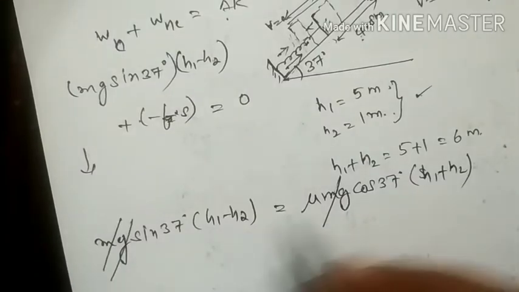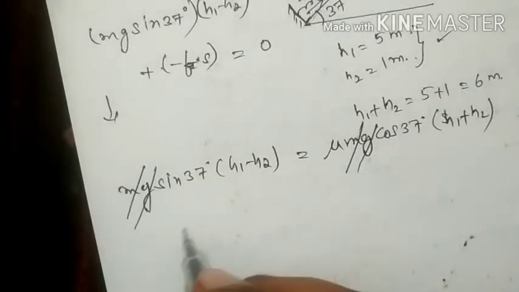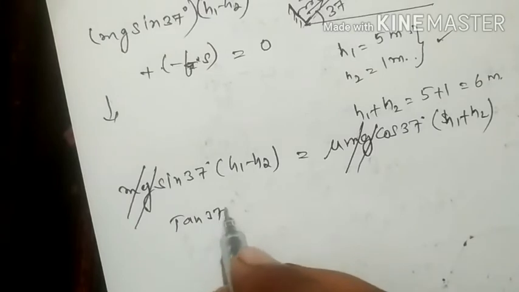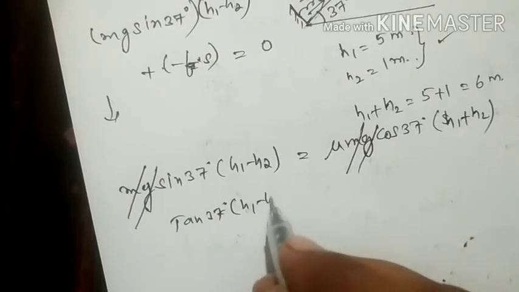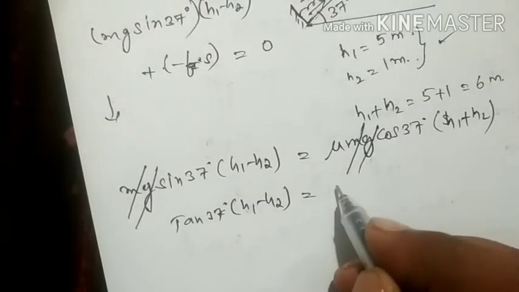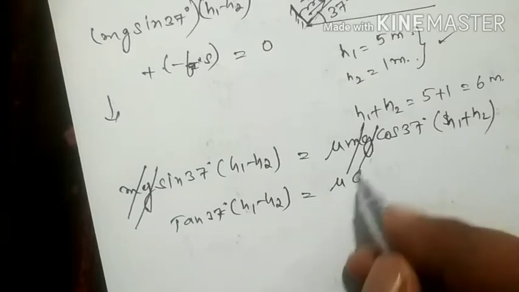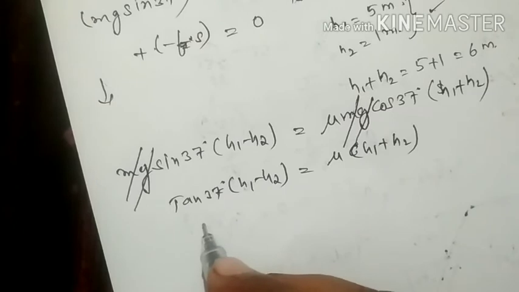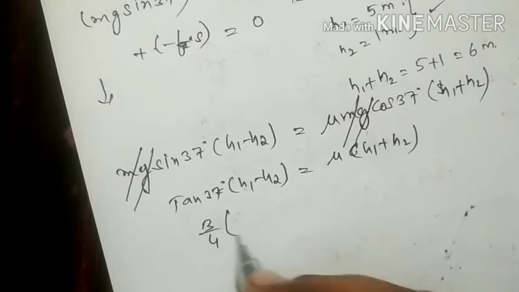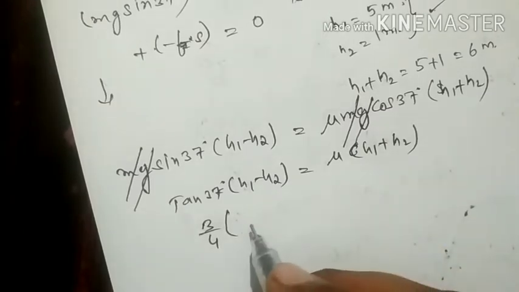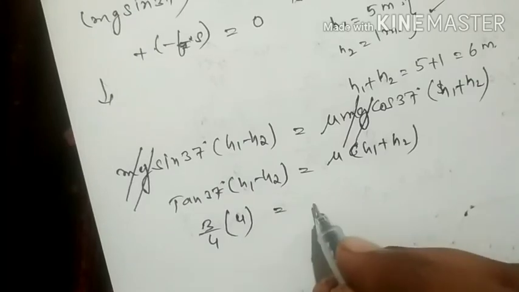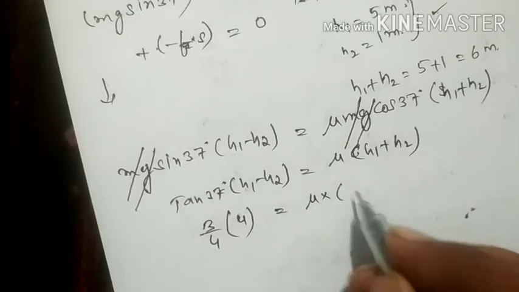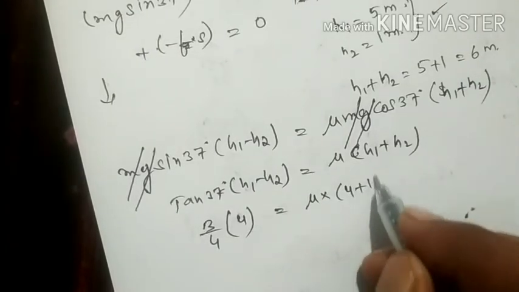m cancels, g cancels. So tan 37 into h1 minus h2 equals mu into h1 plus h2. Tan 37 is 3 by 4, into h1 minus h2, which is 4, equals mu into h1 plus h2, which is 5 plus 1.